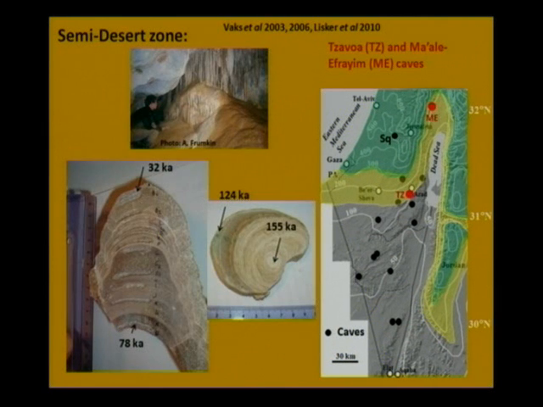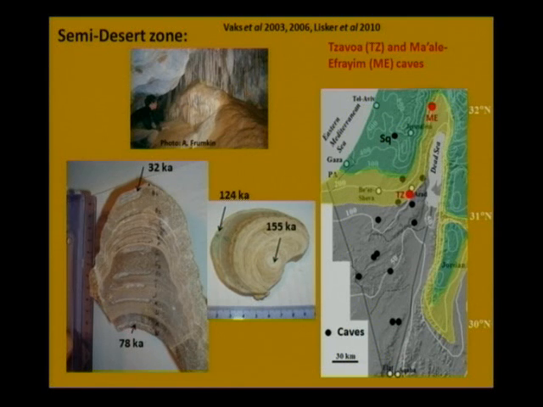First I will talk about the transition area of semi-desert or steppe zone. This is the record of mainly two caves, Tsavoa Cave near Arad and Malay Ephraim Cave in Jordan Valley. The records are almost similar, covering the same periods.